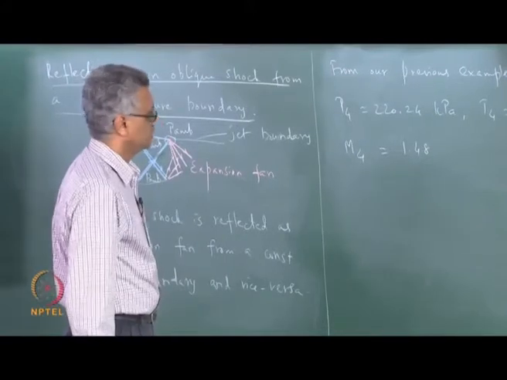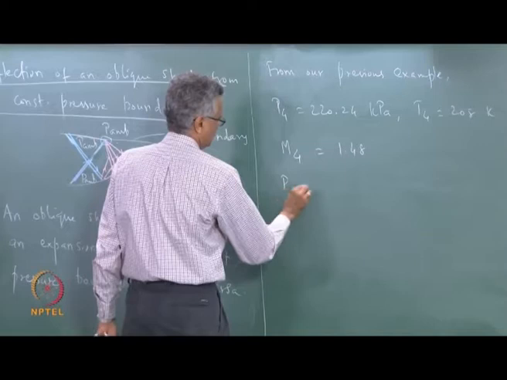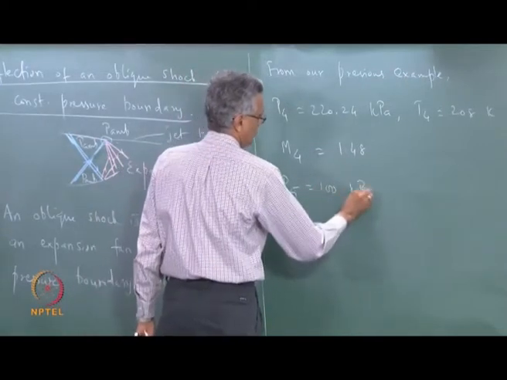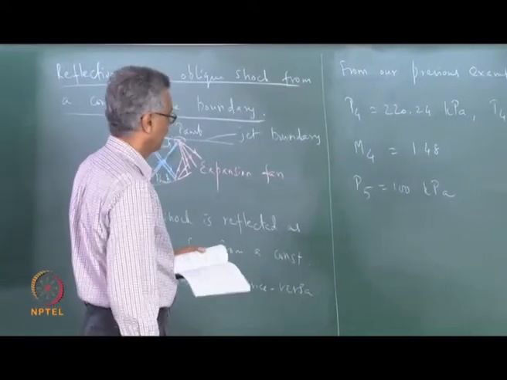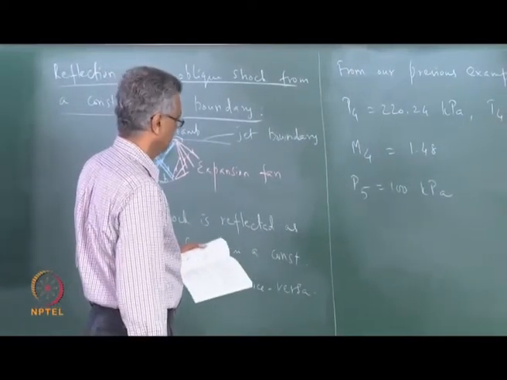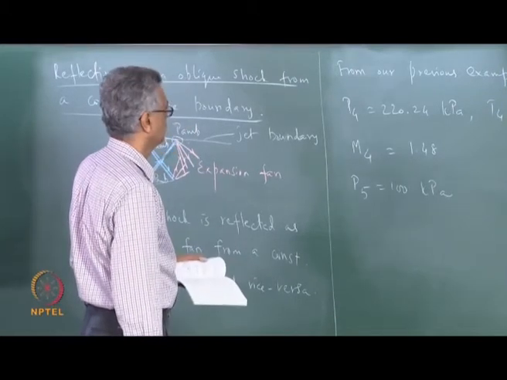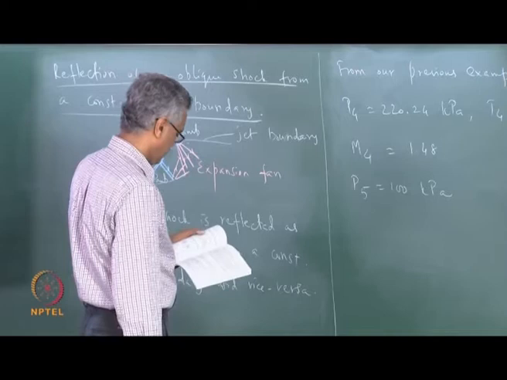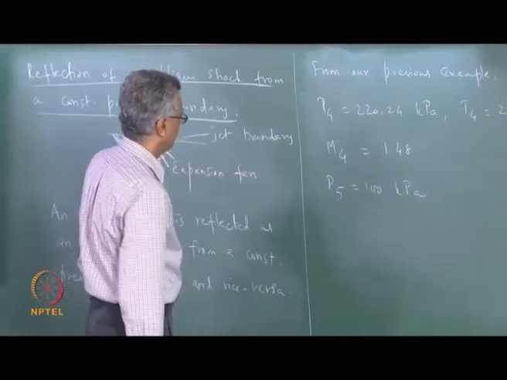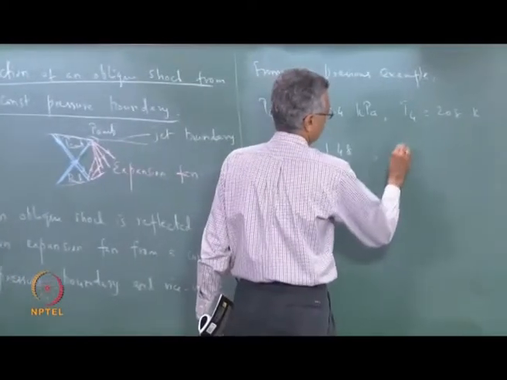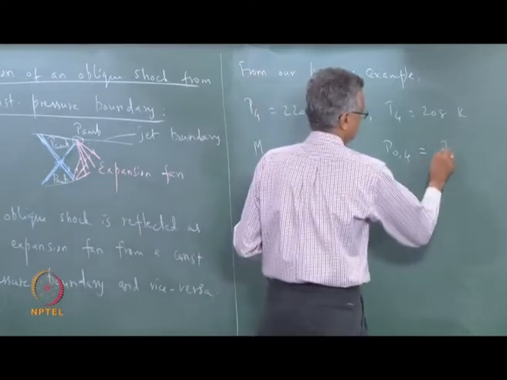So, based on our discussion so far, P5 is equal to the ambient pressure. So, P5 is equal to 100 kilopascal. And the previous calculation also gave us P04 to be equal to 785 kilopascal, right?